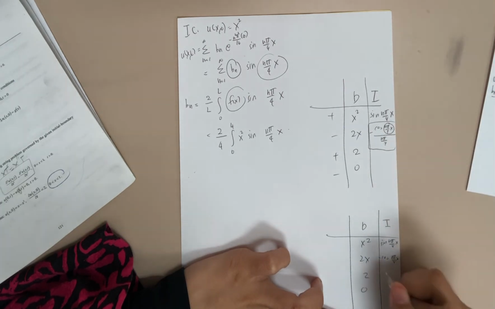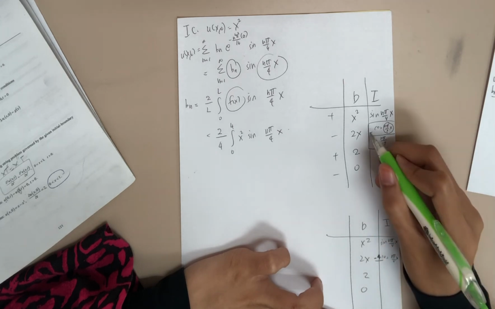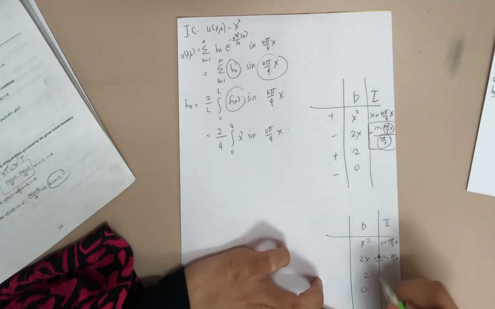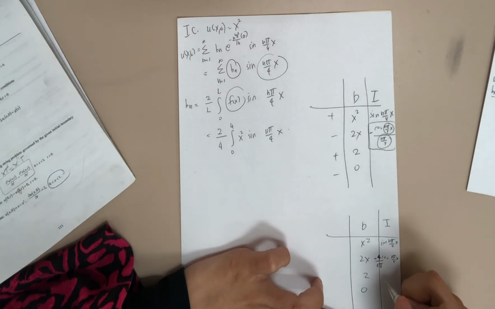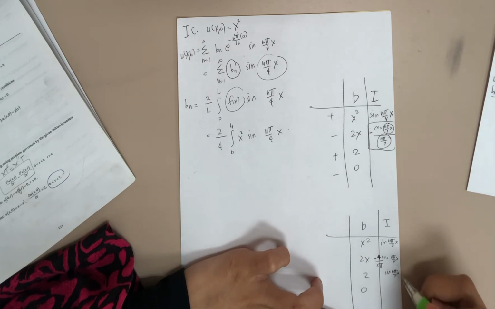So it becomes negative 4 over nπ, the negative from before. If you integrate again, it becomes sin(nπx/4), and again you will have over nπ/4, which I also bring to this side.